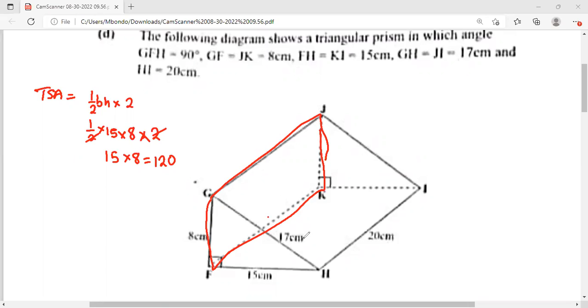If the distance from this point up to this one is 20, then even this one here is 20. So it is 20 multiplied by 8, because this side we have 8. What do we get? We need to multiply this. So we are getting 160.